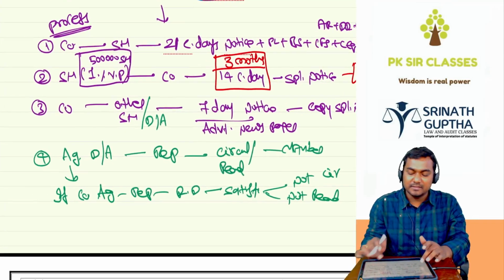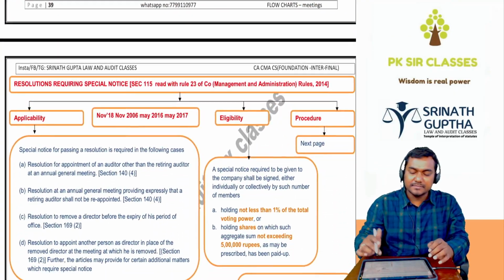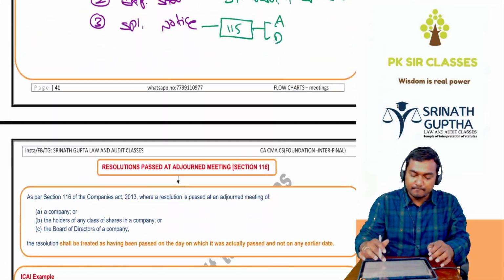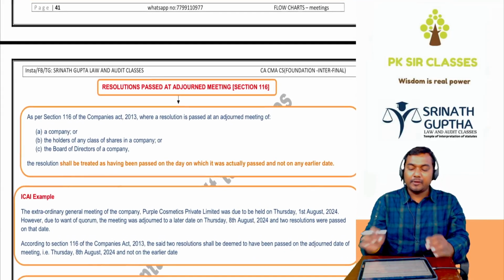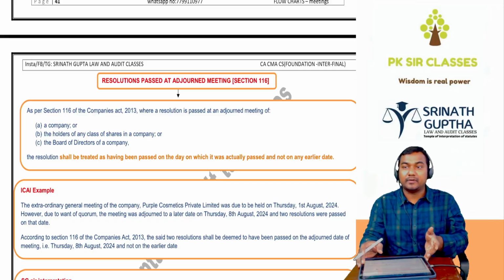Then beta, this concept was asked so many times in the exam. Resolution requiring the special notice, section 115. If you are passing any resolutions in the adjourned meeting, it is applicable from the date of the adjourned meeting only, but not from the original meeting.